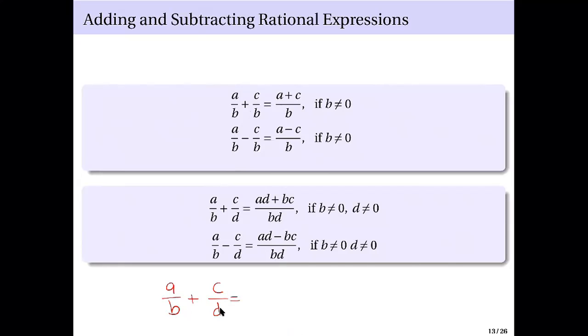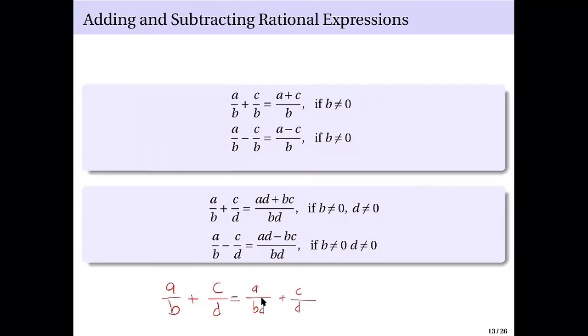You have a denominator D here. Okay? So let me rewrite that again. So A over B, and then here plus you have your C over D. So one of the ways to have the same denominator is to copy the denominator of the other expression and put it also as one of the factors in the denominator. Okay? For example, you have here B and there's a D there. We can put D here.